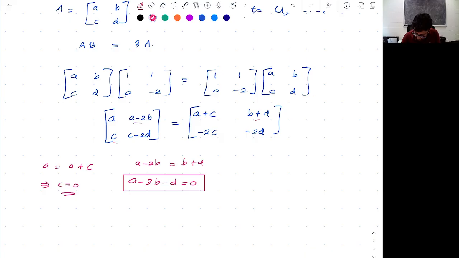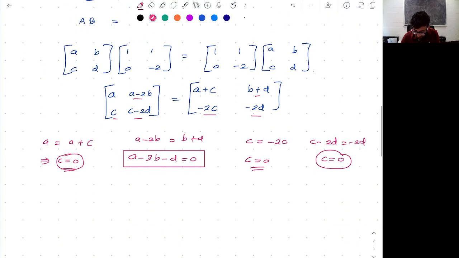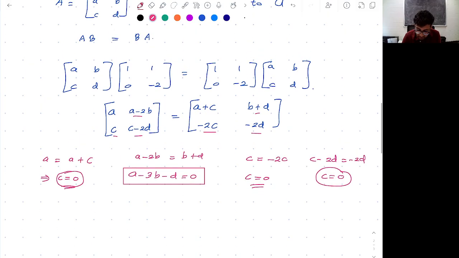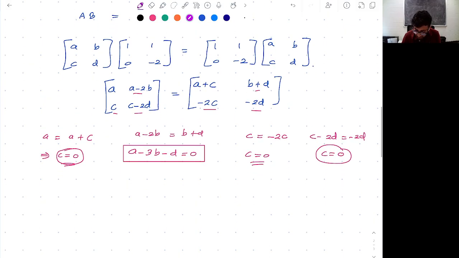And if I equate these two, I get C equals minus 2C. Again, I am getting C equals 0. If I equate C minus 2D to minus 2D, again I am getting C equals 0. So C should be 0. And I cannot claim anything about A, B or D, but there's a relation between A, B and D.